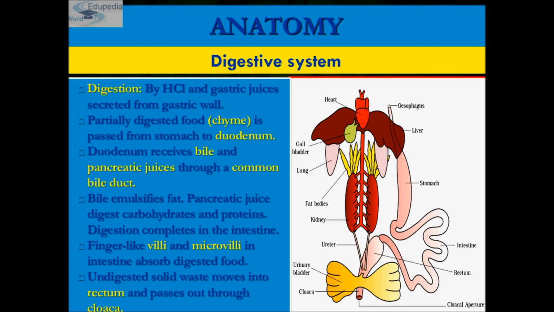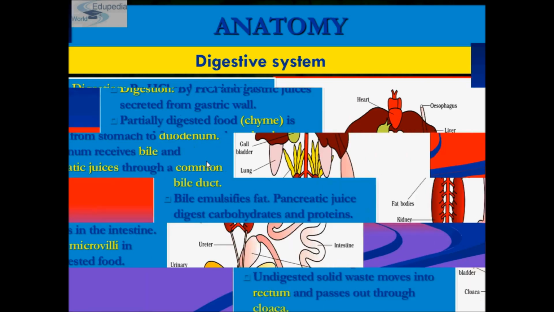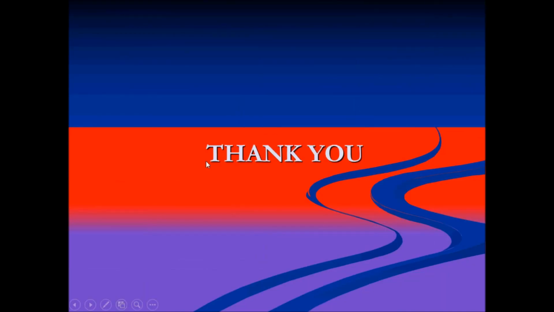And what does bile do? It emulsifies fat. Pancreatic juice digests carbohydrates and protein. Digestion completes in the intestine. Finger-like villi and microvilli in the intestine absorb digested food. So this was all about the digestive system of frogs.